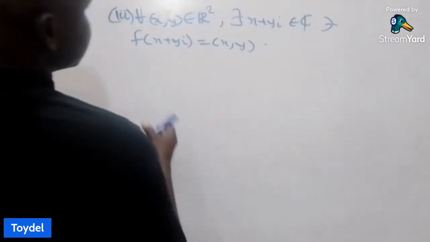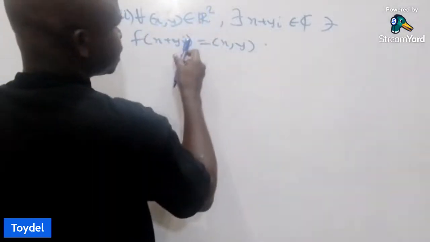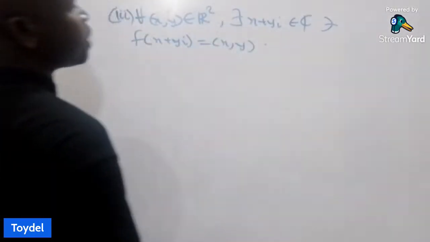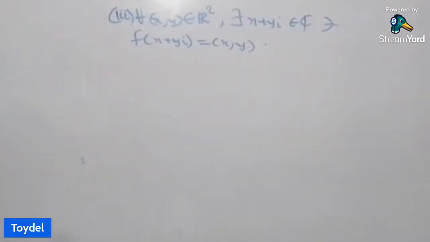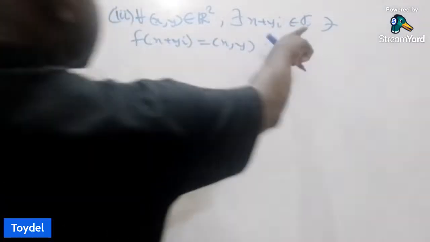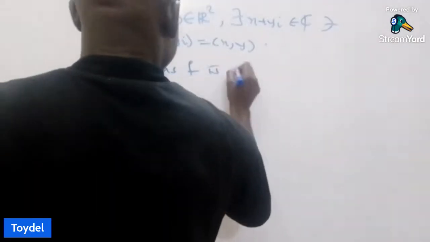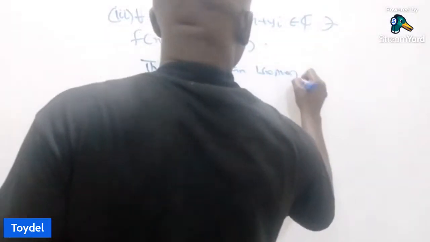For all x, y, whatever the value of x, y is, we are still going to get it in the set of complex numbers, because the set of real numbers is a subset of the set of complex numbers. The set of complex numbers consists of real parts and imaginary parts. So without wasting much of our time, we know that this is going to hold. Then at the end of the day, we now say thus f is an isomorphism.